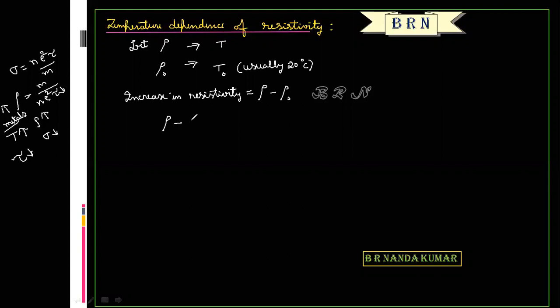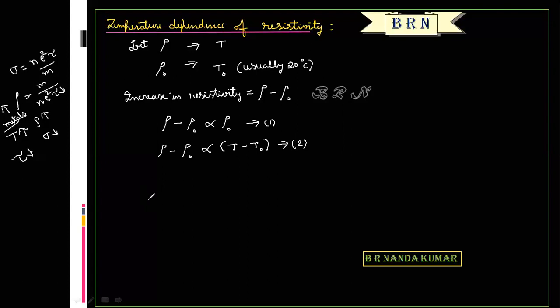So rho minus rho naught is directly proportional to rho naught. Call this equation number 1. And the increase in resistivity is also directly proportional to the change in temperature, that is T minus T naught. Call this equation number 2.